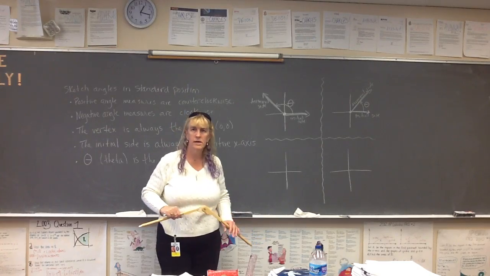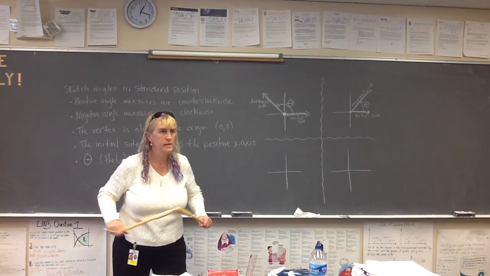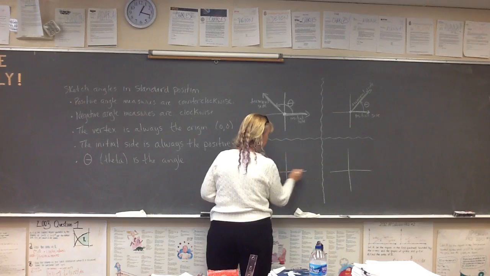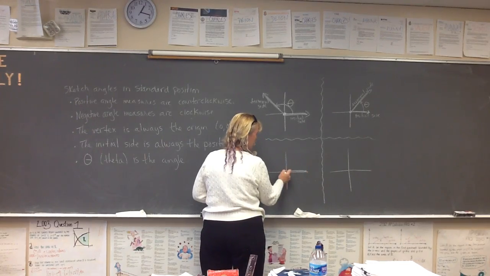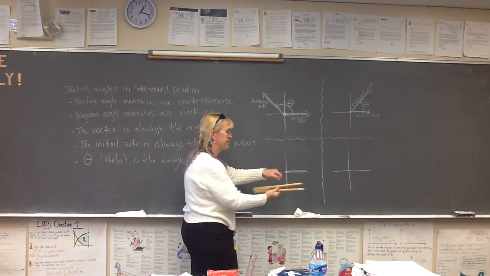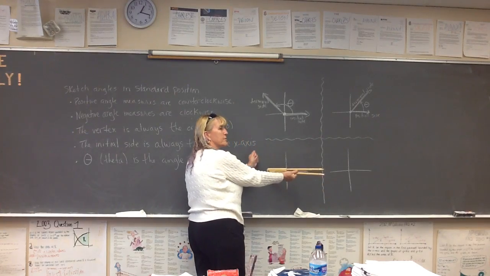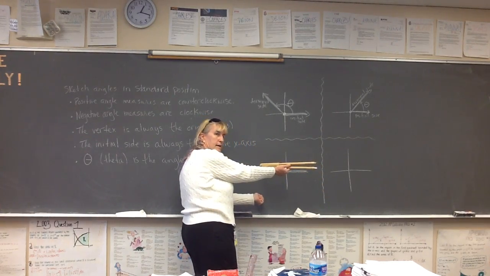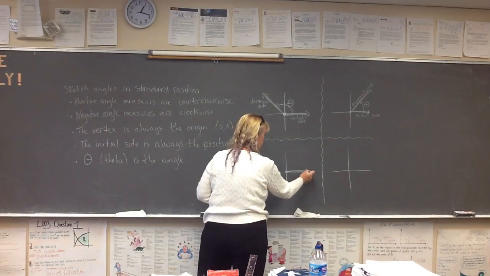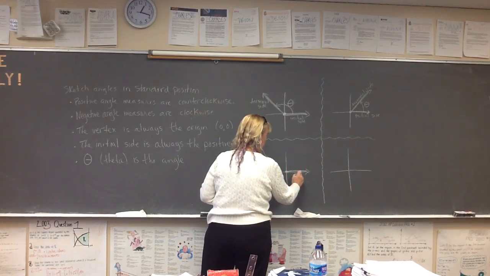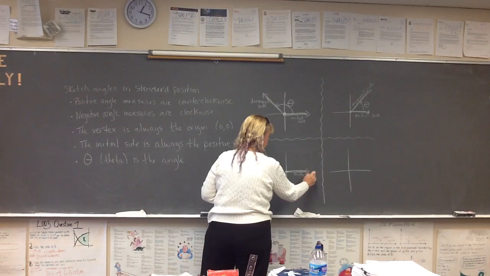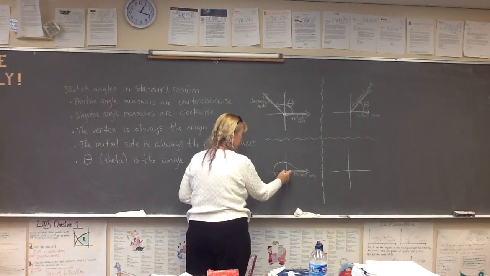Can you imagine what it's going to look like in quadrant 3? I hope so. We have an initial side on the positive x-axis. Our vertex is 0, 0. I basically need to open this up until I'm bigger than 180 and all the way past there, right? So I'm going to go from my initial side all the way over into this quadrant.